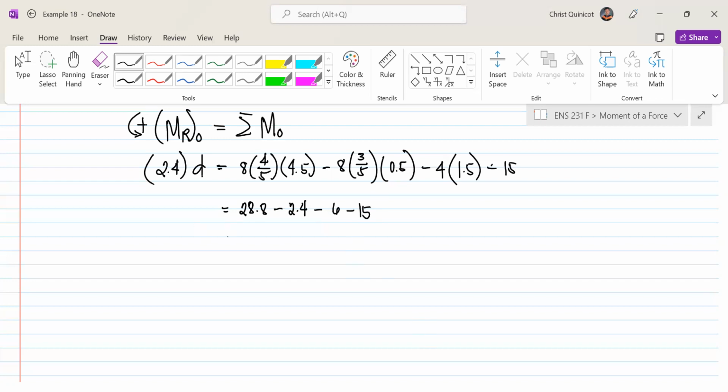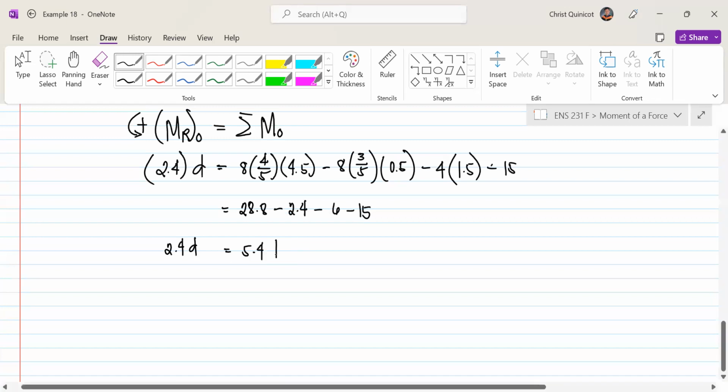So 2.4 times D equals 5.4 kilonewton meter. Divide both sides by 2.4.